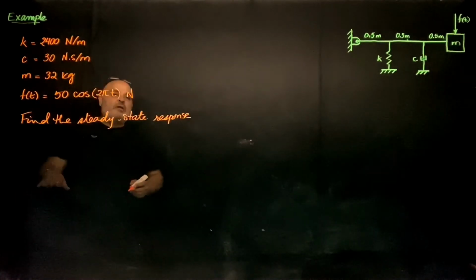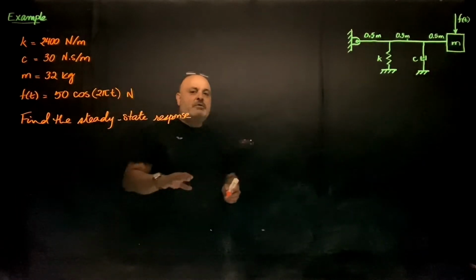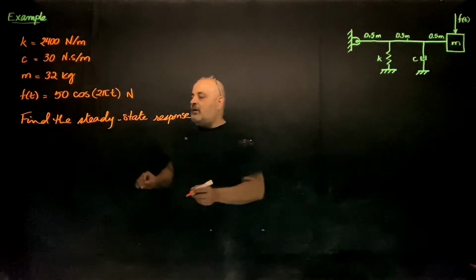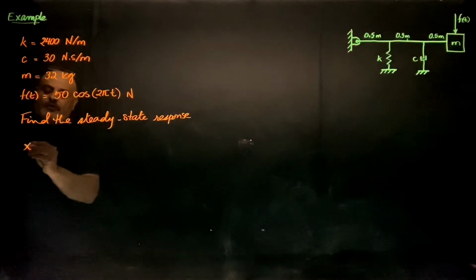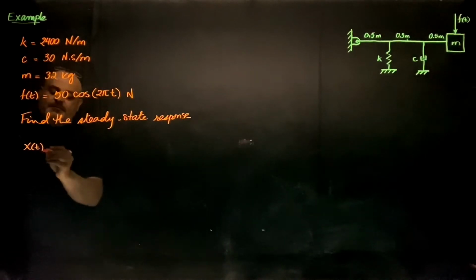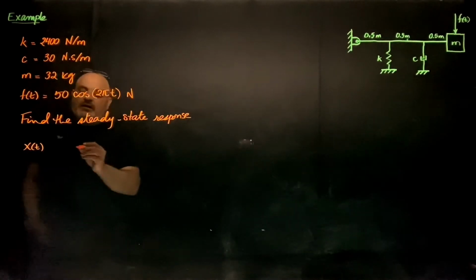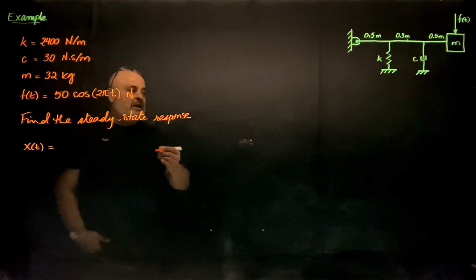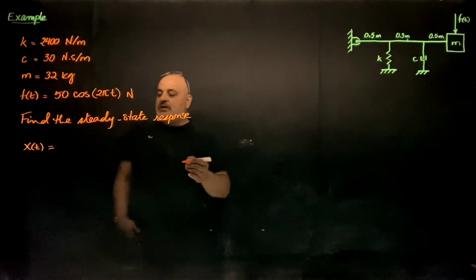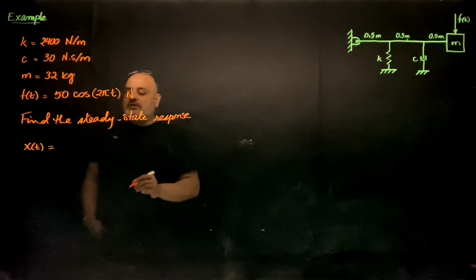Now, here before I proceed, I want you to notice something. The total response of a forced system includes a homogeneous or natural response and the forced response.